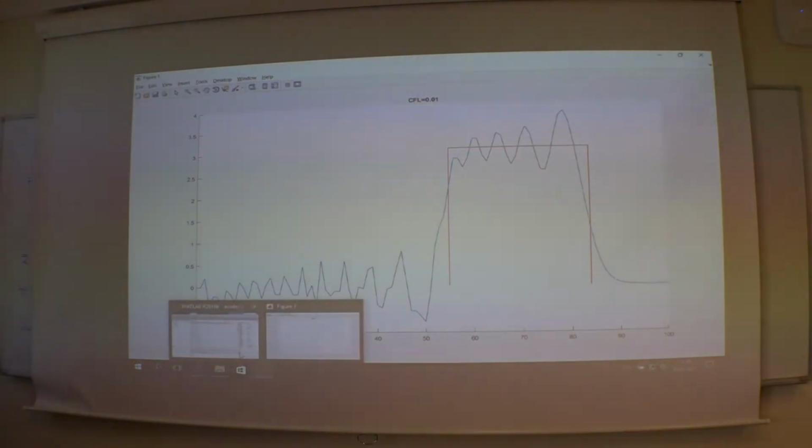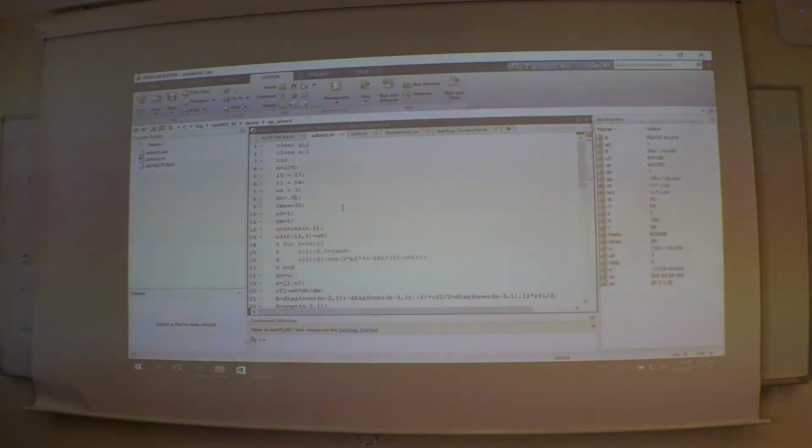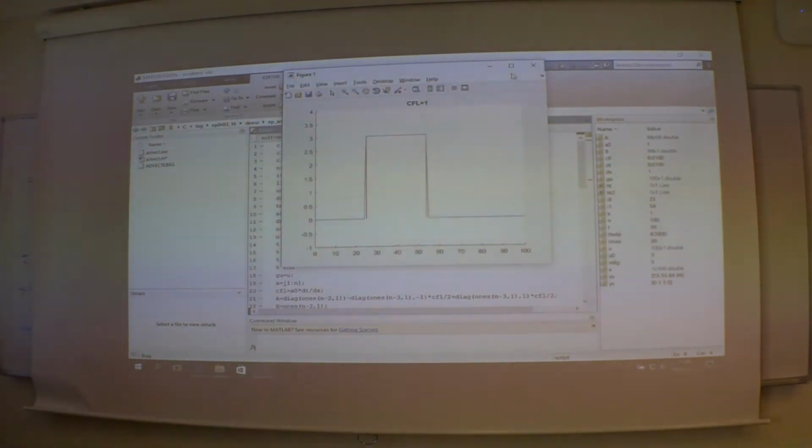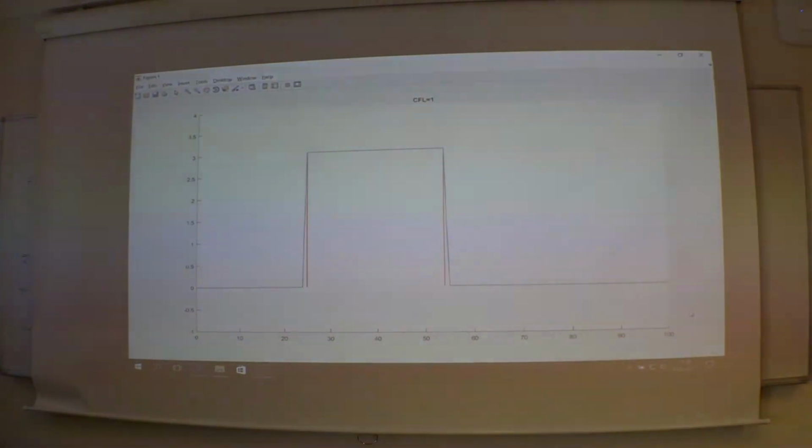You can go the other way here also. Delta t equals 1. Now we are on the stability limit for the upwind scheme. Here it should be stable no matter what. And actually it is. And now I can even go to higher delta t's if I wanted to.